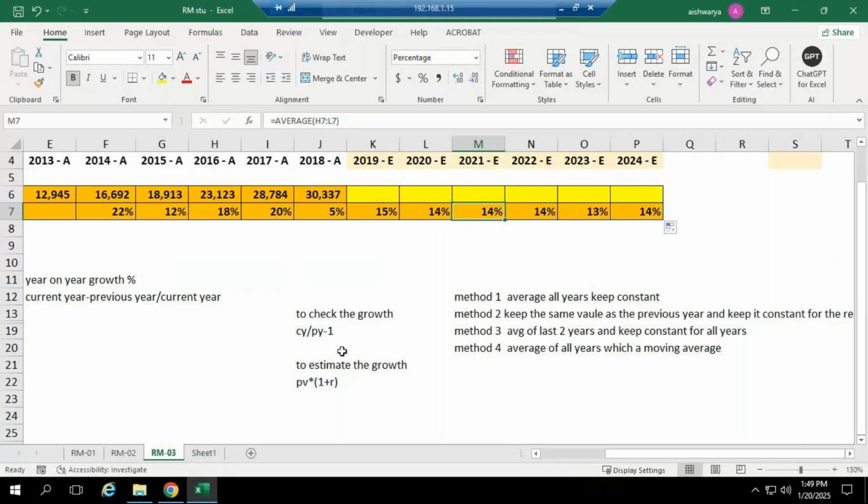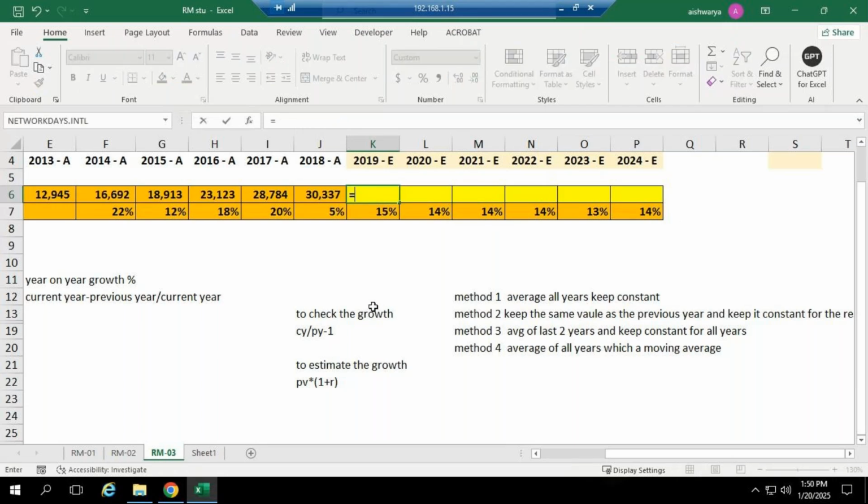Yeah, so understood about the moving average method. You just try it out. Again in the same way, to calculate the revenue, equals 30,337 into 1 plus this 15%, close the bracket, enter.